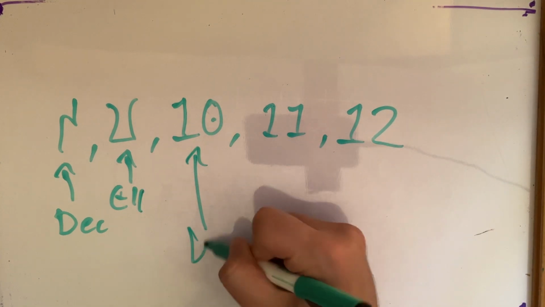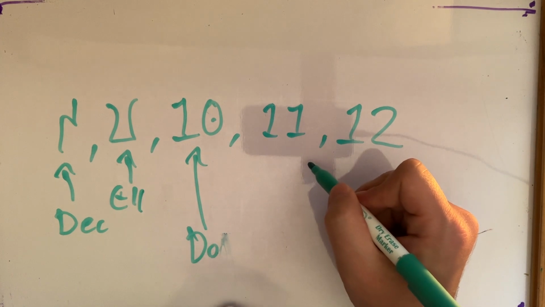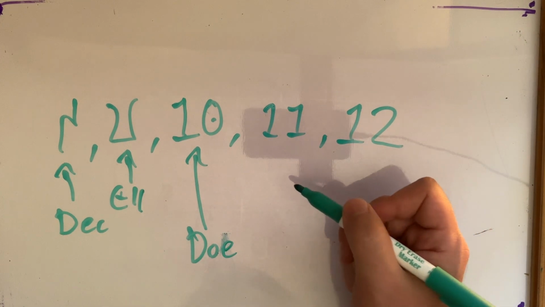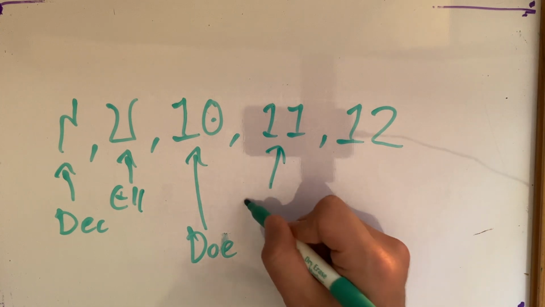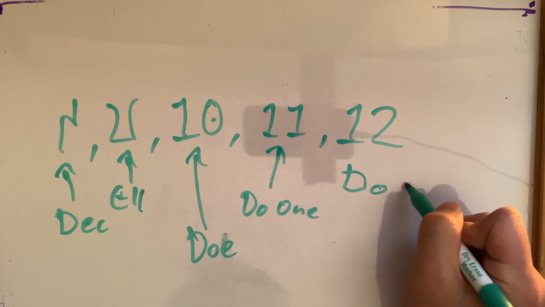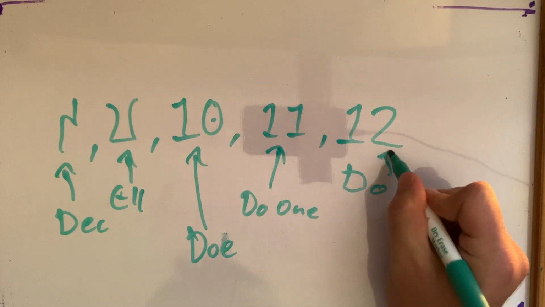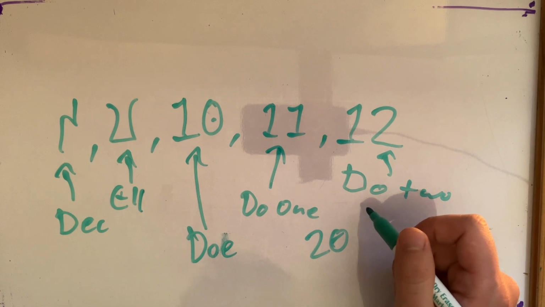They're calling this do, like dough for bread dough, cookie dough. They're calling this do 1, and then do 2. And when you get to this, it's 2 do. 2 do 1, 2 do 2, 2 do 3.